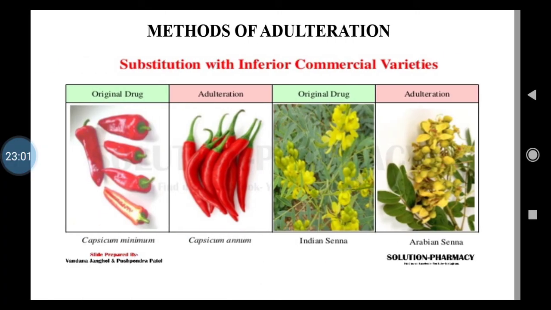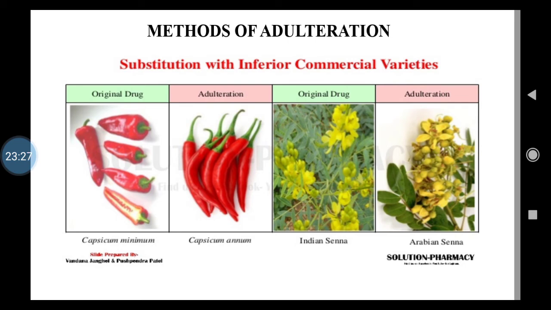The other example is Capsicum minimum, which is the original drug. It is substituted by Capsicum annuum. Then many other examples we can give here, because most of the drugs have inferior commercial varieties in the market.